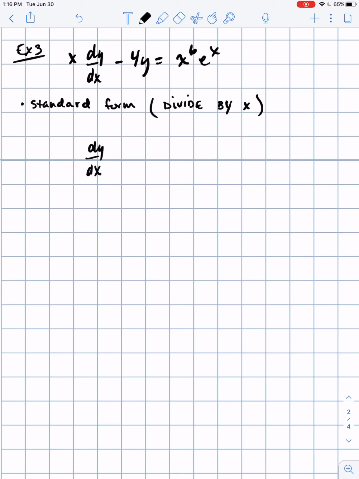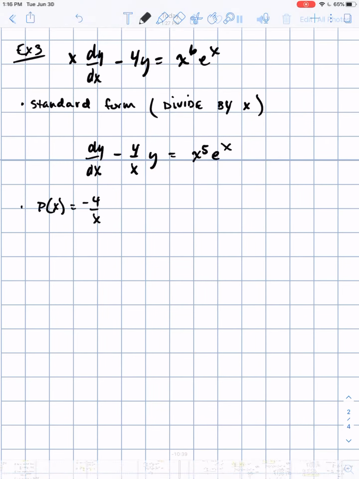I get dy/dx minus 4 over x y equals x to the 5th e to the x. Now, p of x is that negative 4 over x.